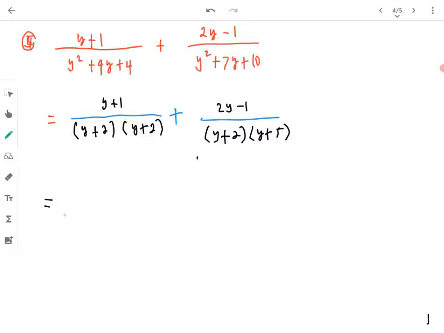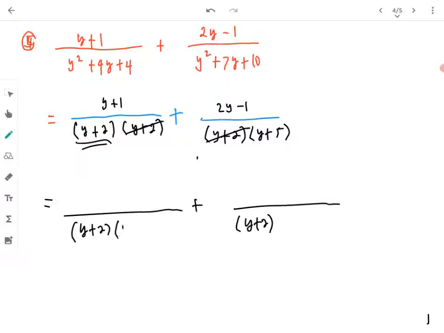Then we get our LCD. Our LCD, we take out the common. Then the remaining, y plus 2. Then there's one more remaining, which is y plus 5.